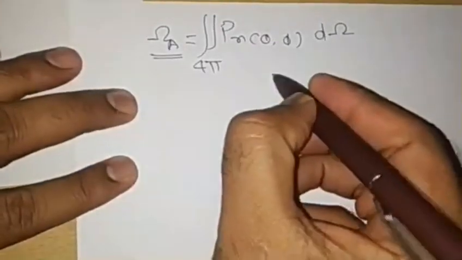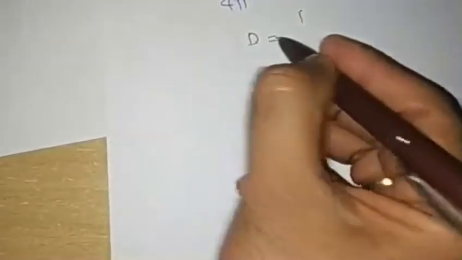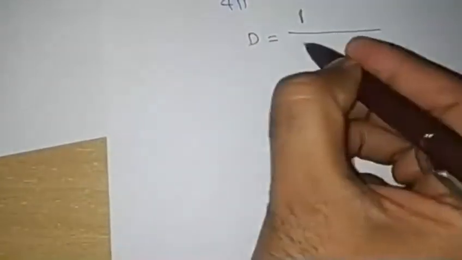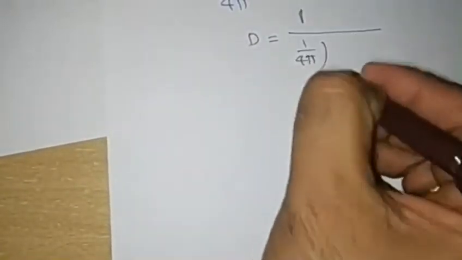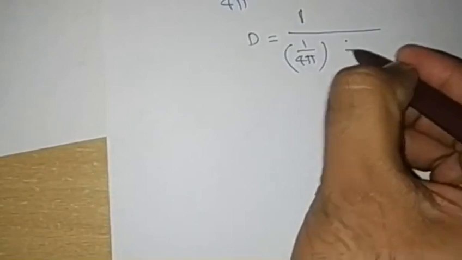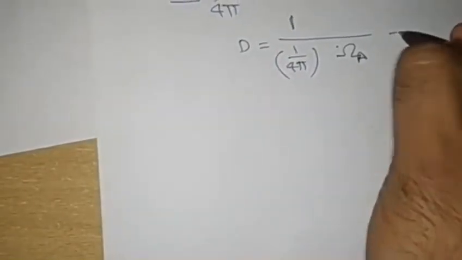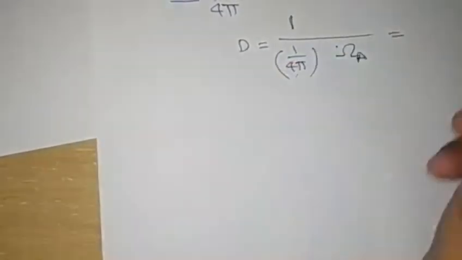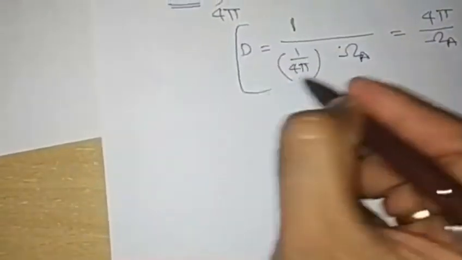So the directivity equation now becomes D is equal to 1 upon 4 pi omega a, which is equal to, if this 4 pi goes in the numerator, 4 pi upon omega a. So this equation of directivity is in terms of beam area.